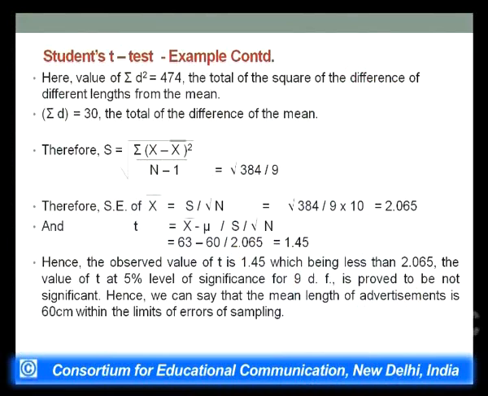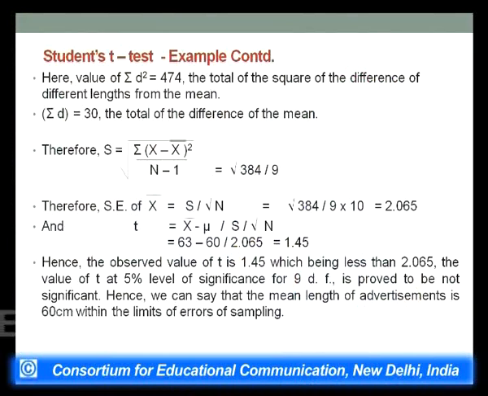If it is not, then it does not match with the population. So the value of t should be lower than the standard error value at that degrees of freedom, and then you can say that the mean length of advertisement is 60 centimeters within limits of error of sampling.